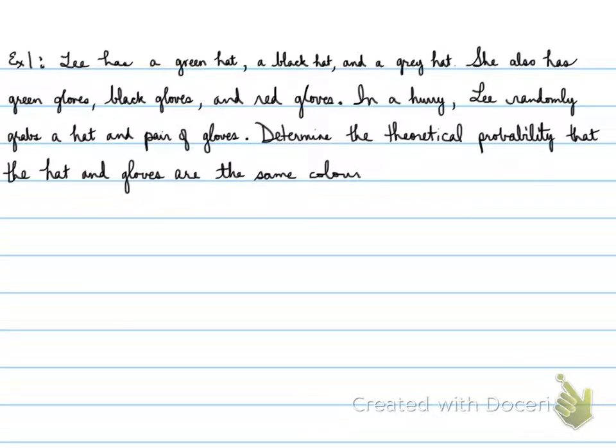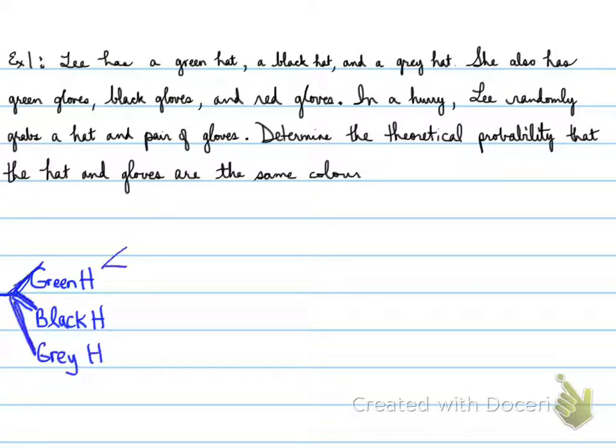Here it is. And what we're going to do is draw a tree diagram to represent the situation to better understand what's happening. So we have green hat, black hat, and gray hat. And each one of these is going to go to 3 possible sets of gloves. Green gloves. Now before we continue, if you're going to use short forms, I would like you to identify the short forms.